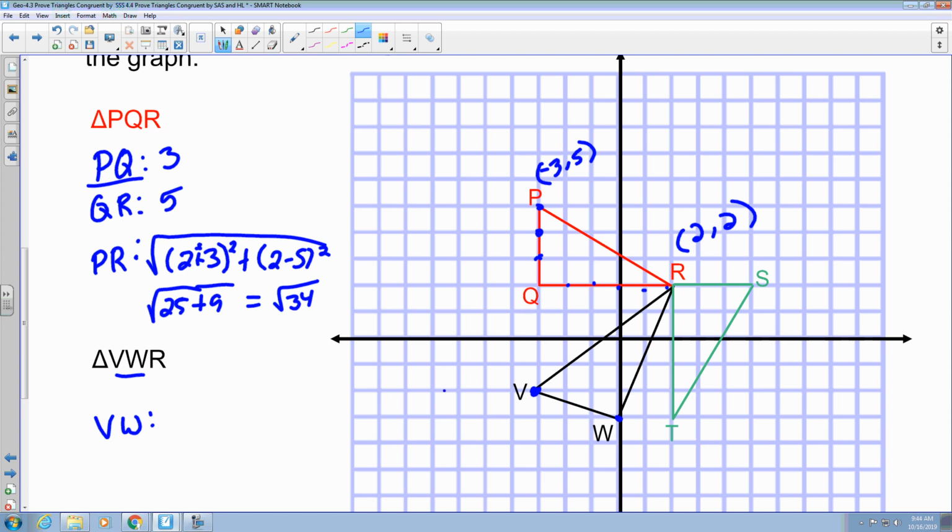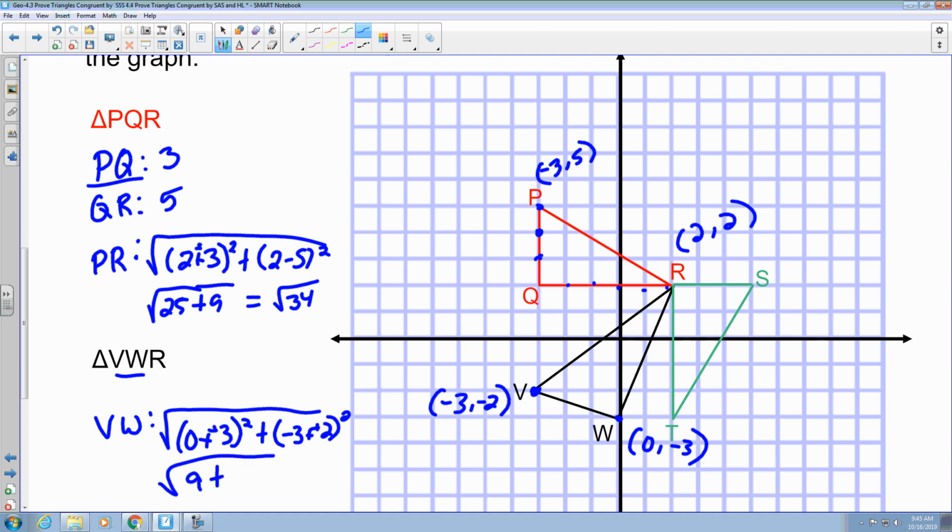It looks like negative 3 comma negative 2 is that point, and 0 comma negative 3 is point W. So using the distance formula, we have 0 minus negative 3 squared plus negative 3 minus negative 2 squared. 0 plus 3 is 3, 3 squared is 9, plus negative 3 plus 2 is negative 1, negative 1 squared is 1.